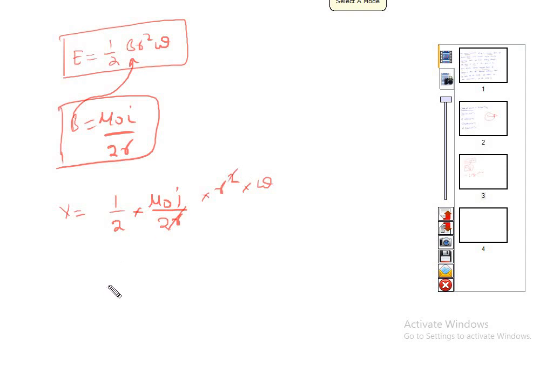This will be 1 by 2 into 4 pi into 10 to the power of minus 7 by 2 into R omega, where the value of e is 1.6 into 10 to the power of minus 19.